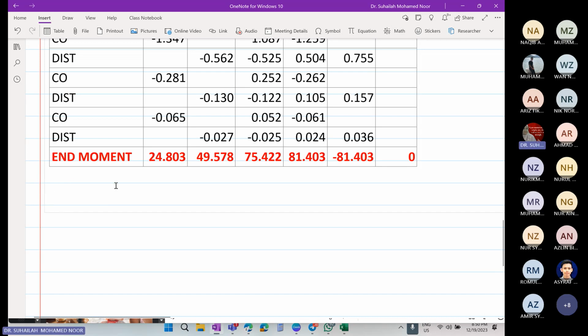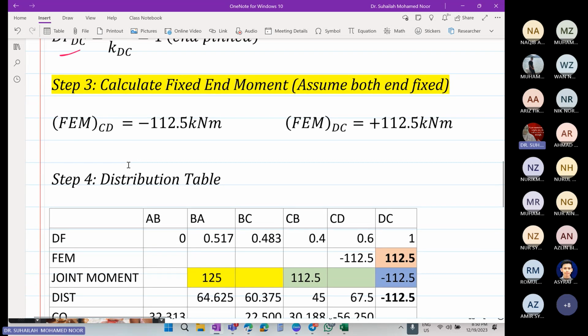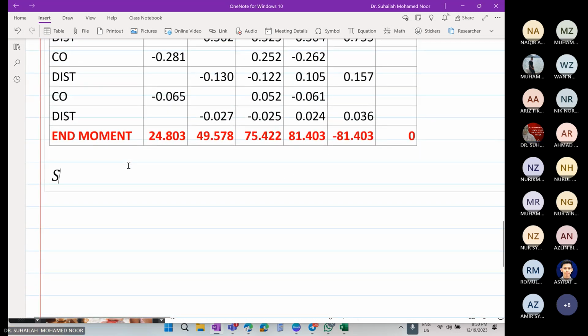We want to draw the shear force diagram. Step number 5. Draw shear force diagram.